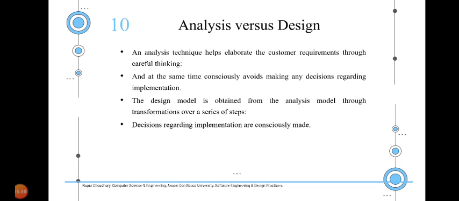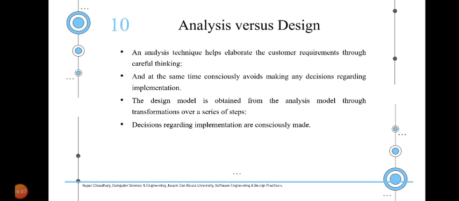Basically, the analysis technique helps to elaborate the customer's requirement through careful thinking, and at the same time consciously avoids making any decisions regarding the implementation. So analysis basically refers to the brainstorming sessions with the customer, but it will not include any of the aspects which are related to implementation or coding.